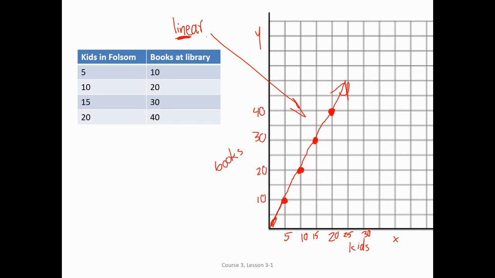So the constant ratio here is 10 more books, 5 more kids, 10 more books, 5 more kids, 10 more books, 5 more kids, and so on. What we're trying to do is analyze tables and graphs and determine first, are they linear? By seeing, is it a constant ratio like that? And then we can say, what's the rate of change? The rate of change is the ratio that we're able to find.